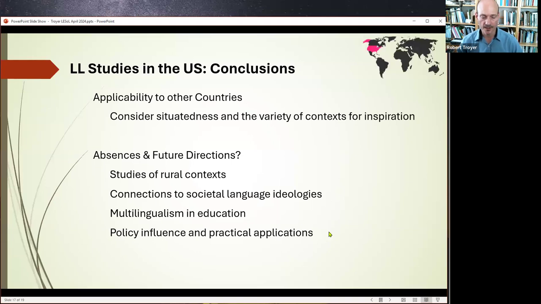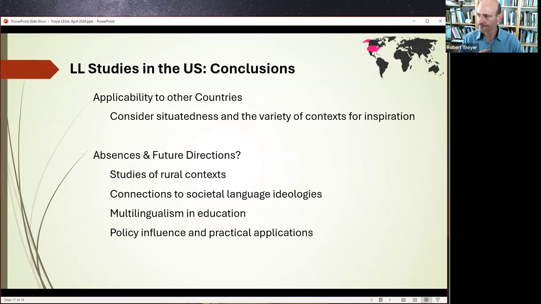And last, I think we can do more to connect linguistic landscape research to policies and practical applications, like teaching and education, and just making signage available for people who use different languages at home.